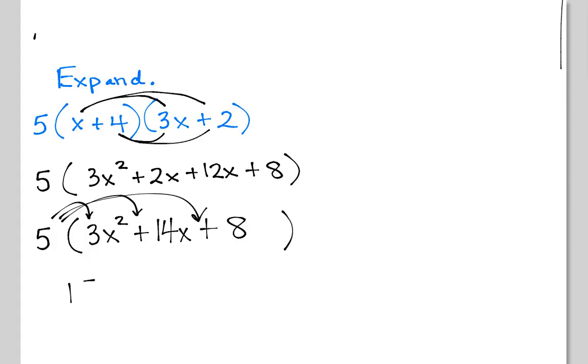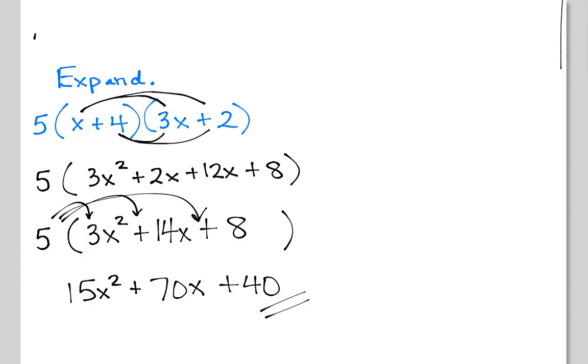So I get a 15x squared. 5 times 14 is 5 times 10 is 50 plus 20 is 70x plus a 40. How did I do that 5 times 14 so quickly? No. Don't say that. You're a math student. Watch this. What's 5 times 10?